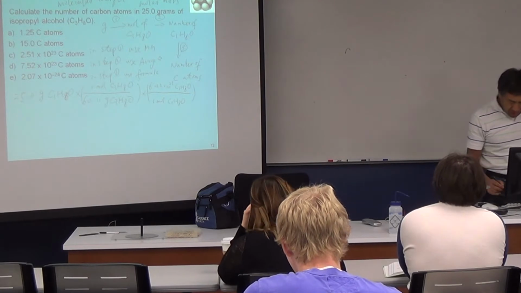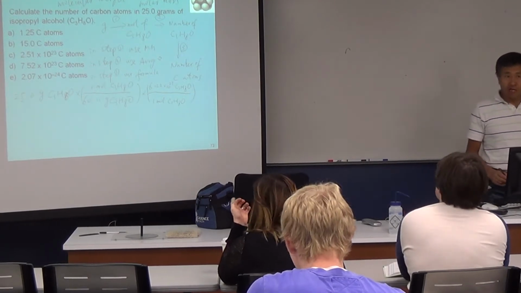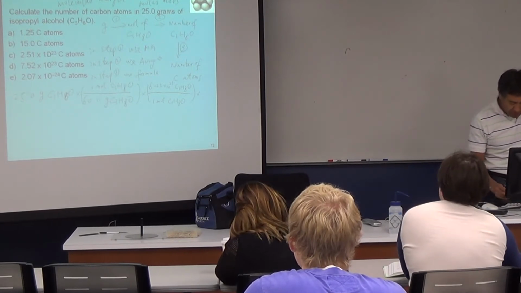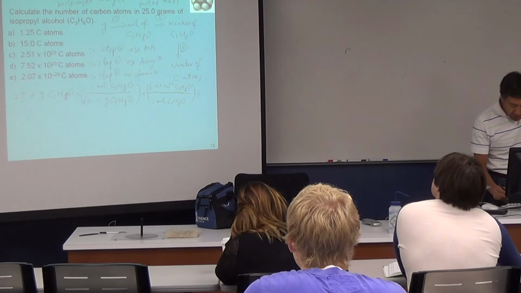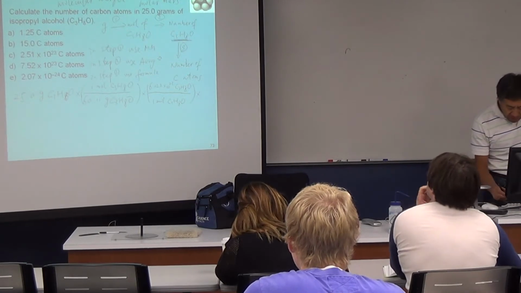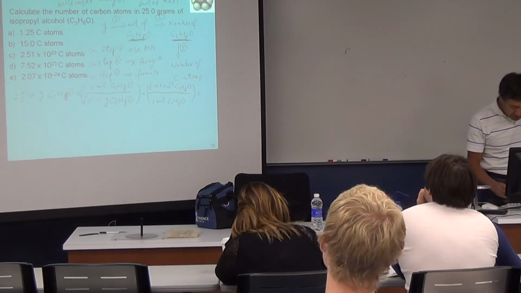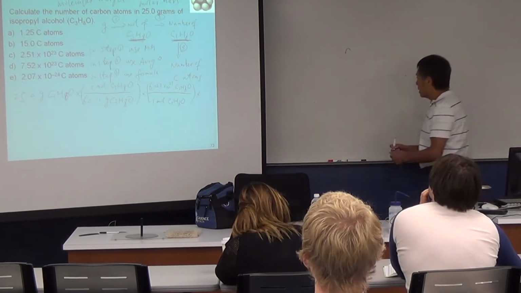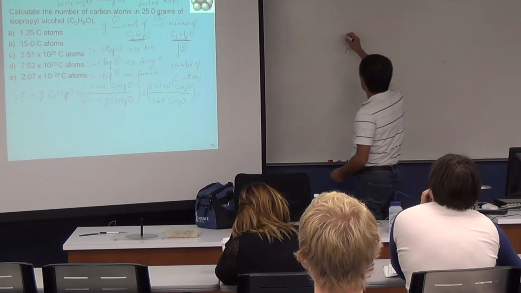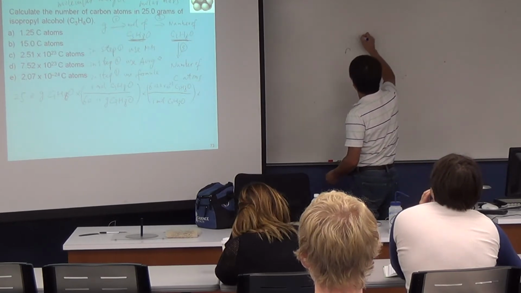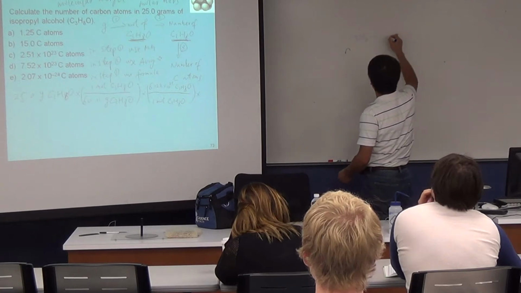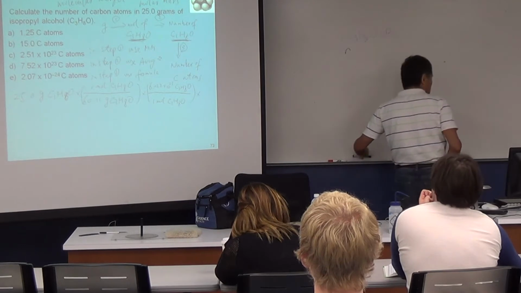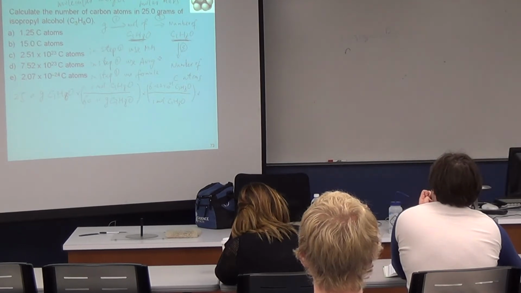Alright. So then the last conversion will depend on the formula. So when we read this formula, we can identify, I can write it here. That means for every one C3H8O, which is equivalent to so many of those different atoms.